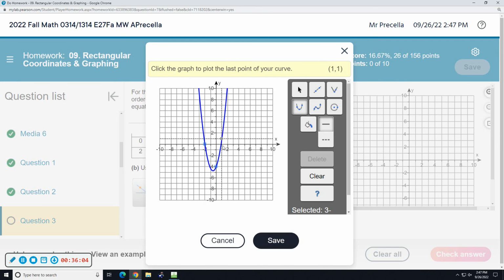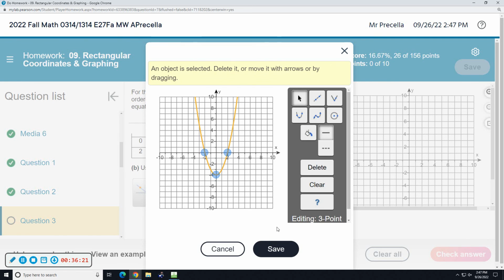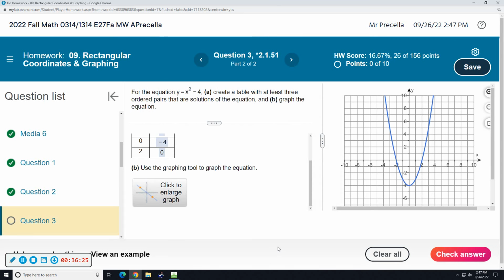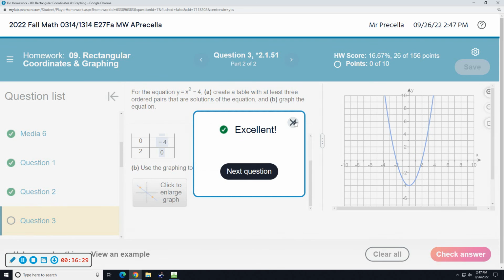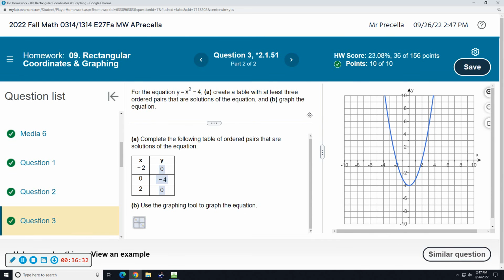But notice as I move my mouse around, this thing will draw in every possible parabola containing those 2 points. Okay, but what was the third one? 2, 0. Is that it? Click it. Then you've got to transfer it back to the original grid. So you say save, check answer. Any questions there?